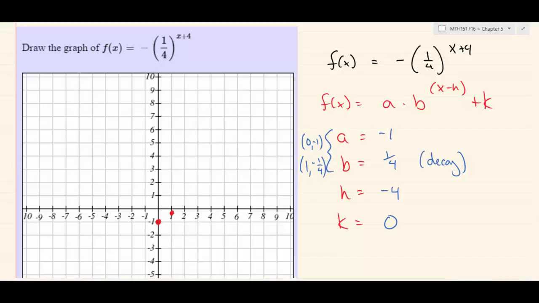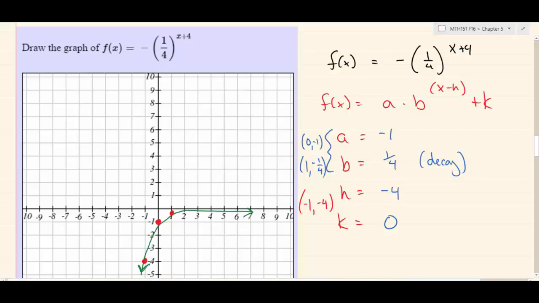If you wanted to plot another point, what x coordinate would you pick? -1, -4. Yep, (-1, -4), which is going to be right here. And so this graph is going to look something like this.